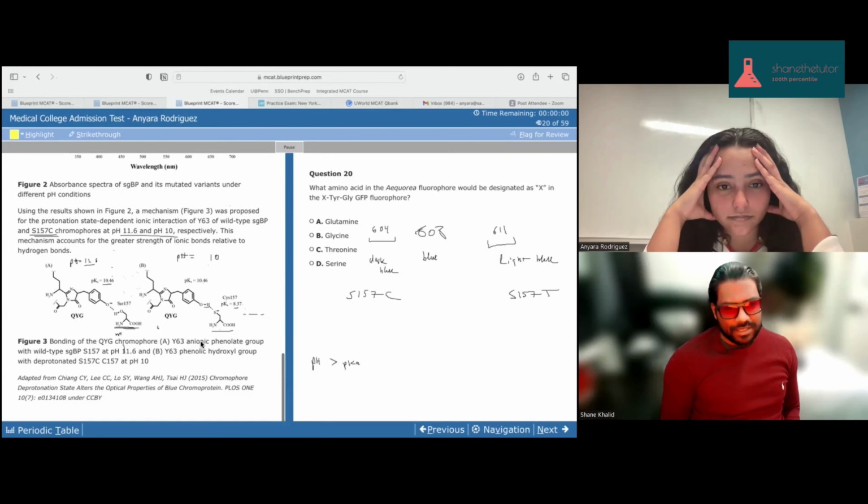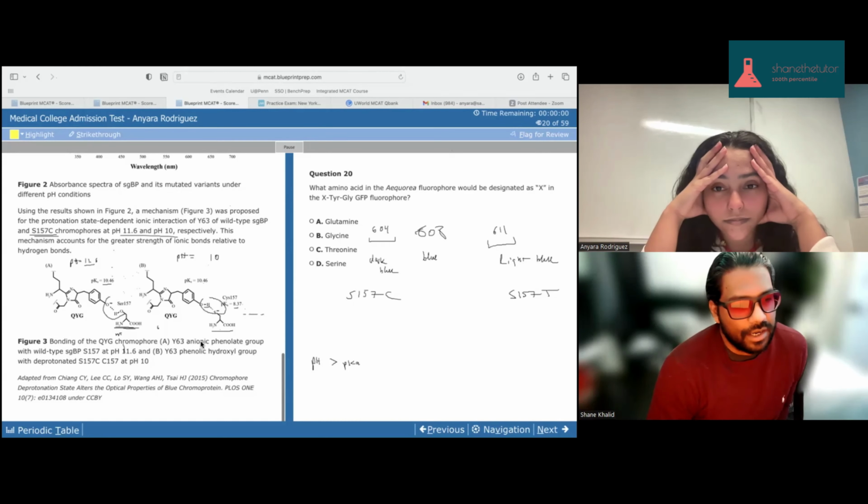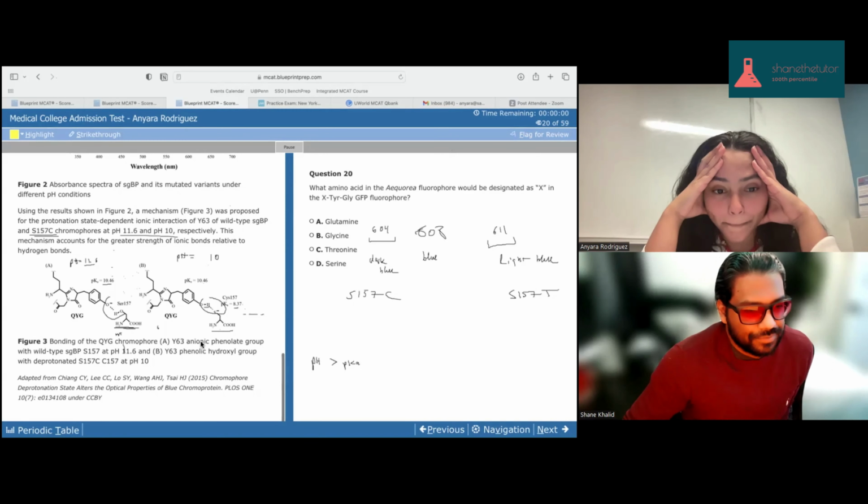Because what we see here are ionic bonds, right? So this should tell us that the ionic bonds are stronger than hydrogen bonds. So I think that's all we need to take away from this.